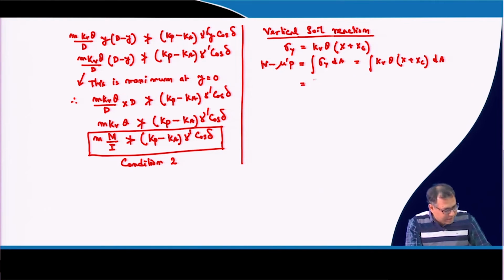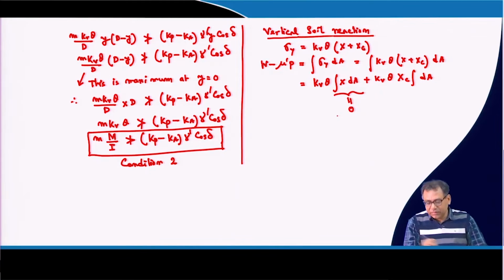Or further we can write Kv theta into integration x dA plus Kv theta xc into integration dA. I have already discussed that this first part will be equal to 0, because your CG is the center of the base. So, integration x dA is 0.